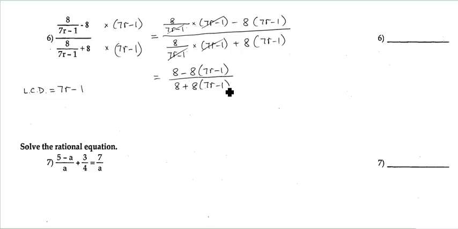Now some probably will distribute the 8 right away. That's okay if you feel comfortable, but be very careful. Don't make any careless mistake. Distribute the 8, so that will give you 56R plus 8.